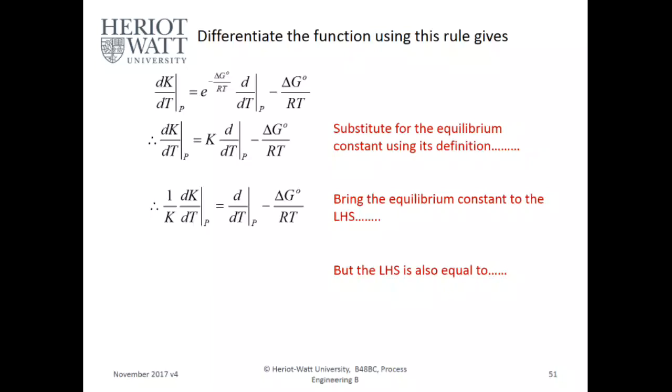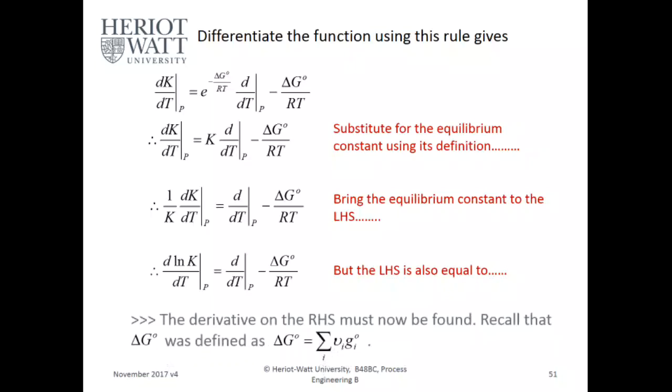But the left-hand side is also equal to d ln K/dT at constant pressure equals d/dT at constant pressure of minus delta G over RT. The derivatives on the right-hand side must now be found. Recall that delta G was defined as delta G equals the sum of v_i G_i.